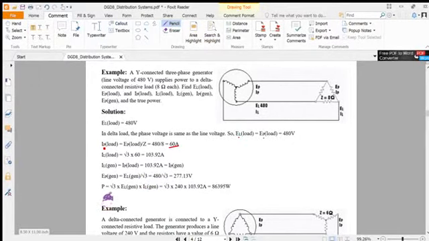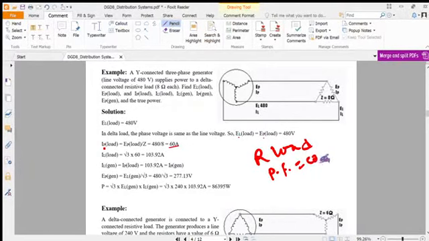And then the true power, P equals root 3 V I cos theta. Here cos theta equals 1 because it is all resistive load; for a resistive load the power factor cos theta equals 1. So here the formula is root 3 V_L I_L cos theta, where I_L is the line value, and cos theta equals 1.